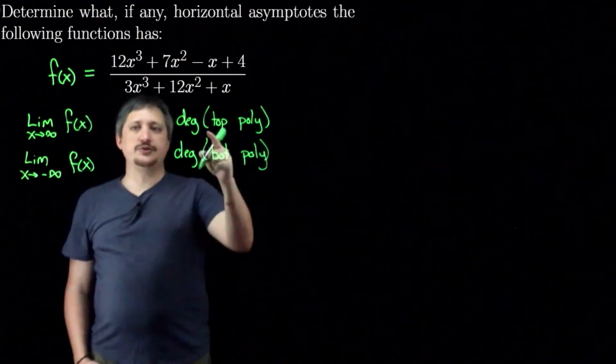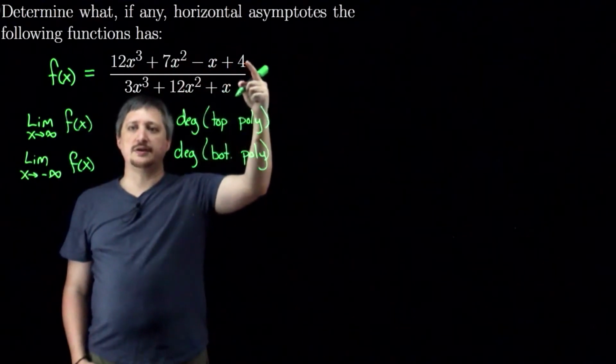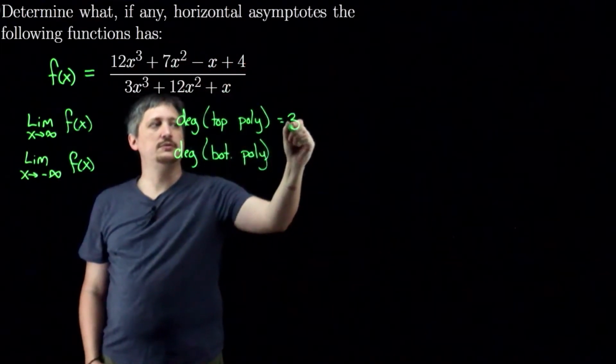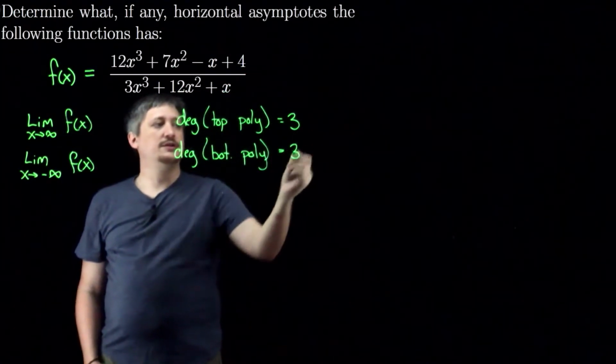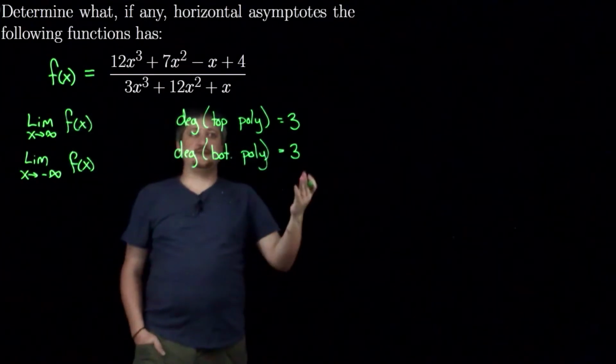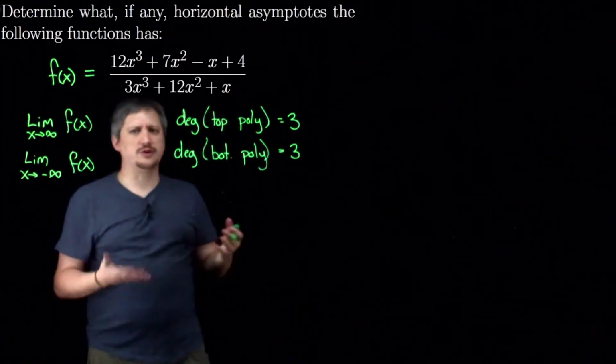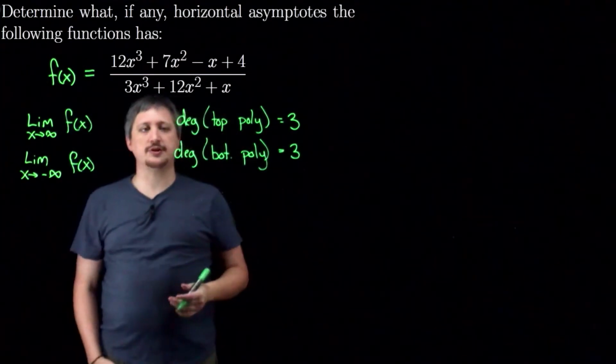The degree of the top is just 3, and the degree of the bottom is also 3. So here the smaller is also the biggest, but it's 3. I don't have to worry; the same technique will still work.